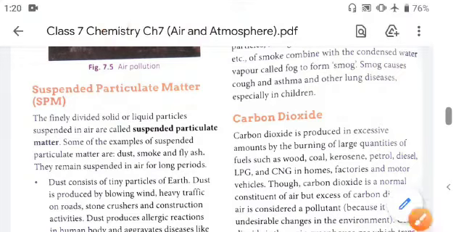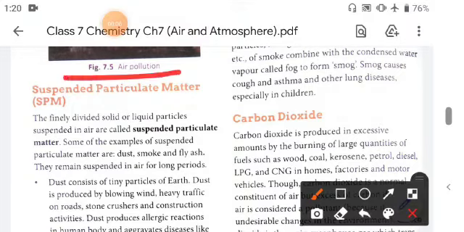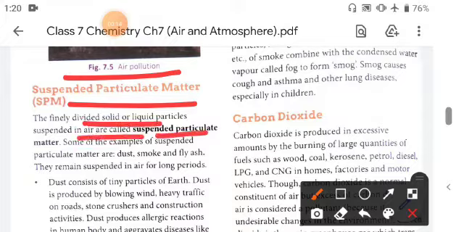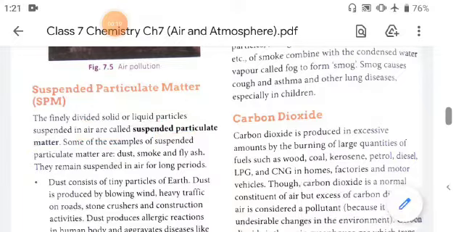Today we will discuss air pollution. This figure shows air pollution and suspended particulate matters. You know that the finely divided solid or liquid particles suspended in the air are called suspended particulate matters, and their examples are dust, mist, smoke, and fly ashes.